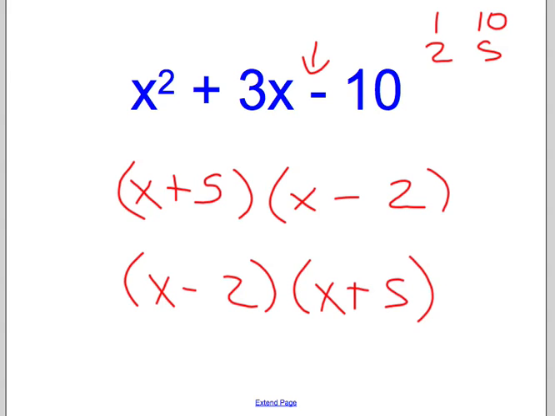So if some of you worked it out with the negative and a plus, as long as it's minus 2 and a plus 5, it doesn't matter the order that they're in. Okay, Kelly? So the factors of 10 that had a difference of 3, and we put the bigger number with that sign. So we're kind of stepping backwards through the problem.